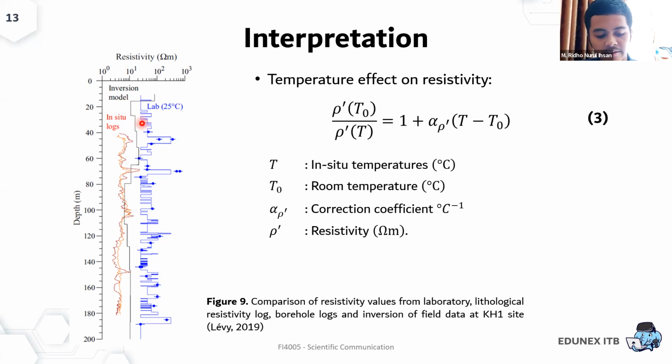We observe that the lithological resistivity at room temperature, that is about 25 degrees Celsius, has an average resistivity about 1 order of magnitude higher than in situ borehole observation, which is 3 to 6 ohm-meter, and the inversion result, which is 5 to 10 ohm-meter.